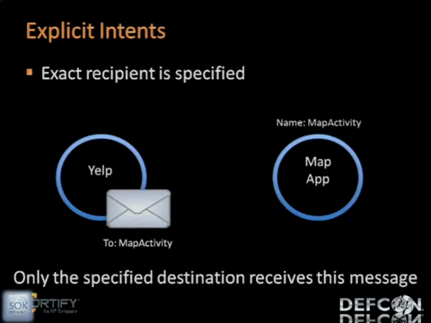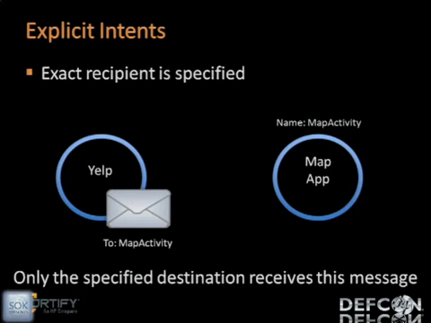So there are 2 types of intents, explicit intents and implicit intents. Explicit intents are intents where the sender specifies the recipient by name. In this example, we have the Yelp application, and I'm sure all of you are familiar with Yelp. You can pick a restaurant, and then there's a feature where it'll show you where that restaurant's located on a map.